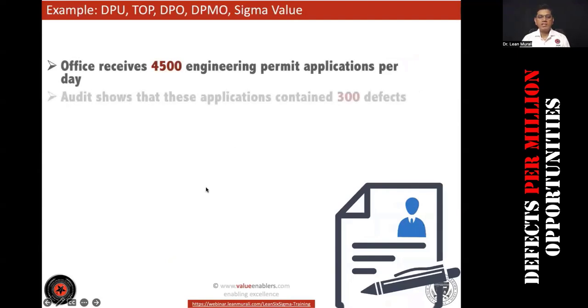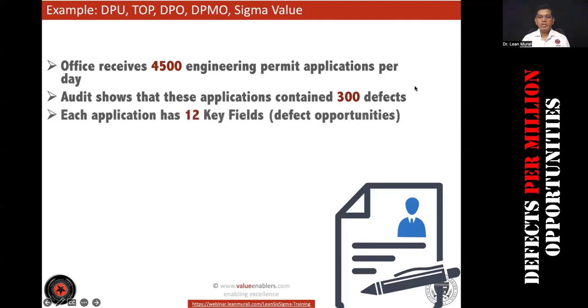This is one more last example, maybe you'll do it for homework. 4,500 engineering applications. The audit shows that these applications contain 300 defects and 12 key fields. These are all opportunities.